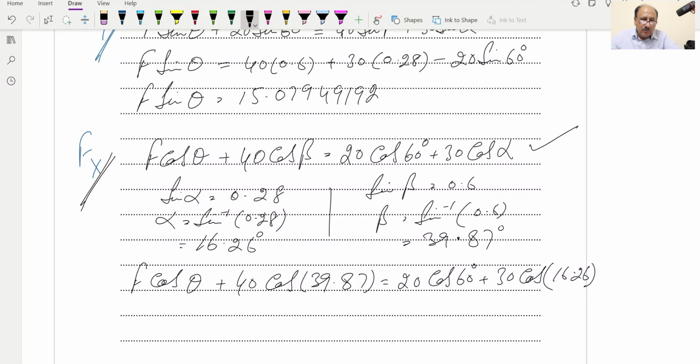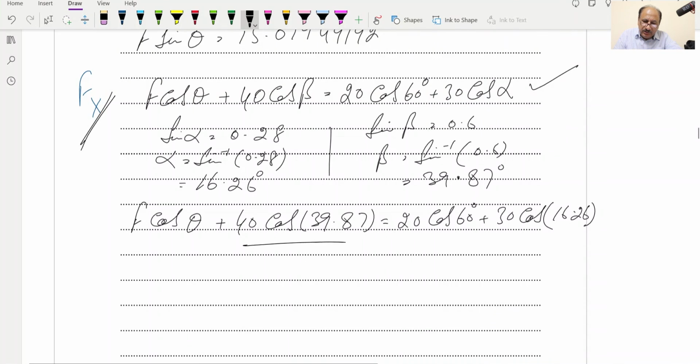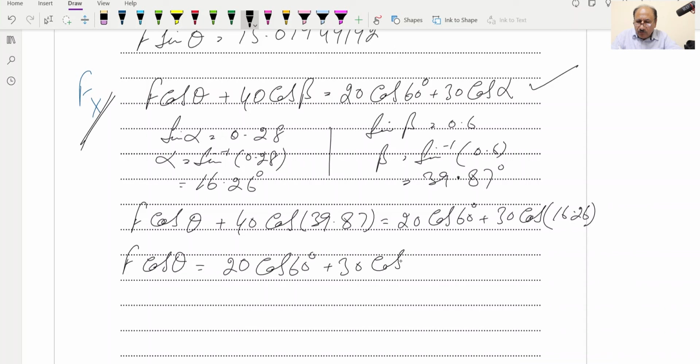Now we can shift this 40 cos 39.87 to the other side, and this will give us F cos theta is equal to 20 cos of 60 degrees plus 30 cos of 16.26 minus 40 cos of 39.87.